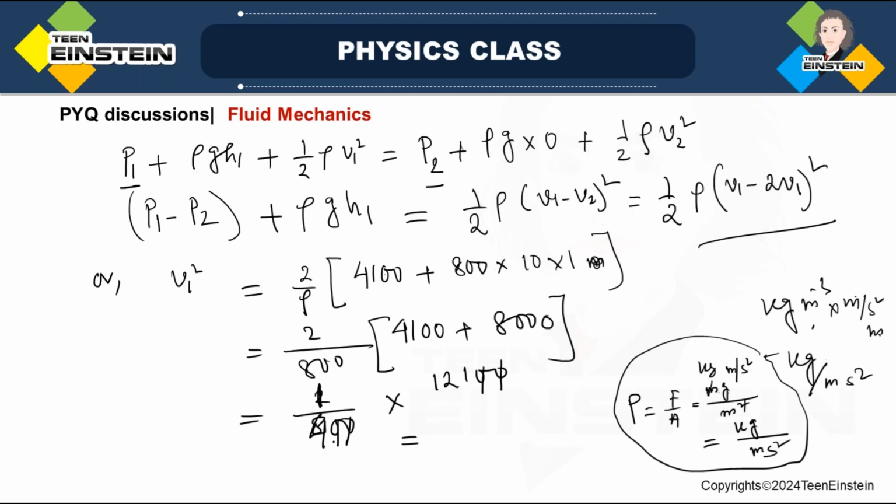If I have to make 6 here, then I have to multiply 3 by 2. So if I multiply 1 into 3 by 2, here 4 into 3 by 2, this will make this 6, and I will have here 3.